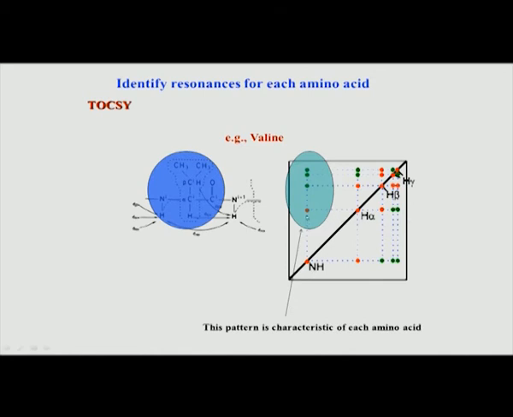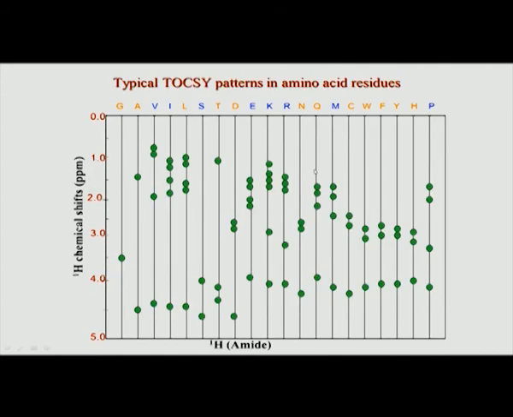If you recollect, in the previous slide we saw the center is water. So, typically below water, meaning downfield of water, come aromatics and amides, but upfield, above water, comes the aliphatic region, and that is what is shown here.